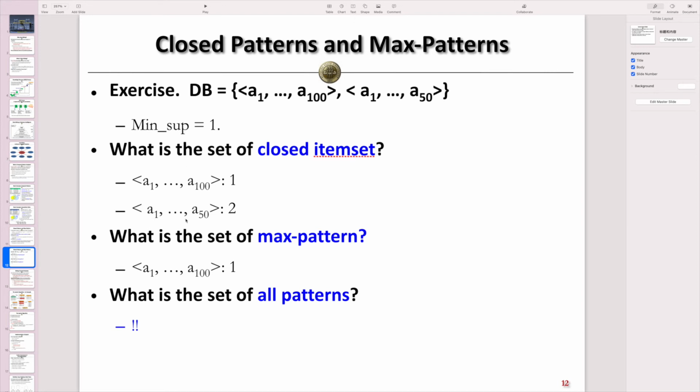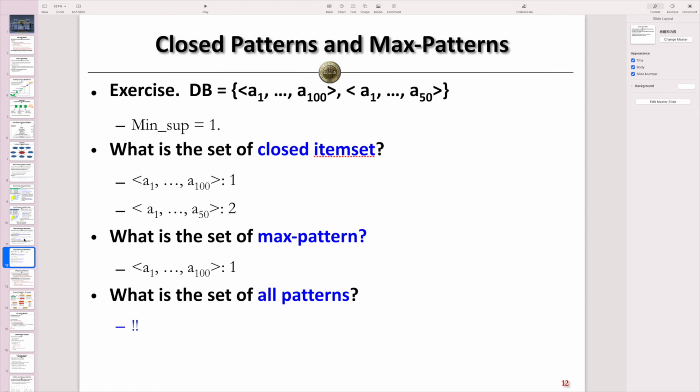At the same time, none of its supersets has the same frequency as this one, because the frequency of A1 to A50 is 2. If we plan to find a superset of it by incorporating more items, for example A51, its frequency will be only 1, because A1 to A51 appears in the first transaction only. In other words, all its supersets have a frequency of 1.